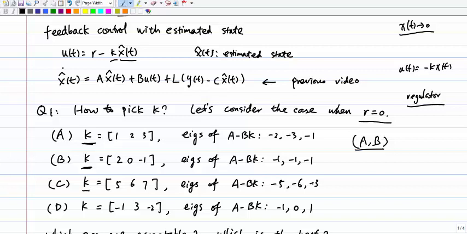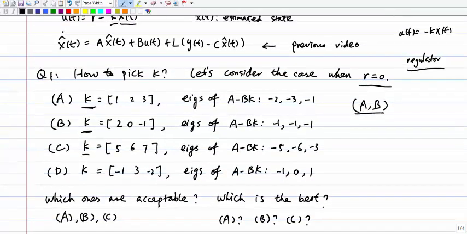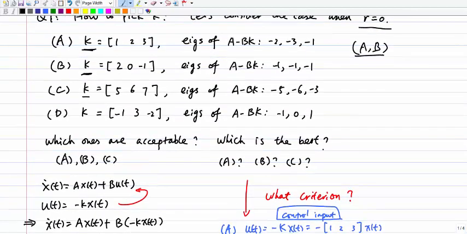If I select K to be -1, 3, -2, the eigenvalues of A minus BK are -1, 0, 1. So my question is, which ones are acceptable and which is best, for example. The criterion for acceptance for the regulation problem is that at least I want the system to be stable, right?